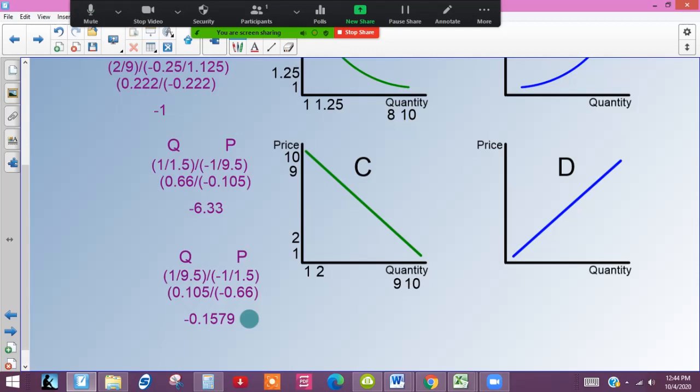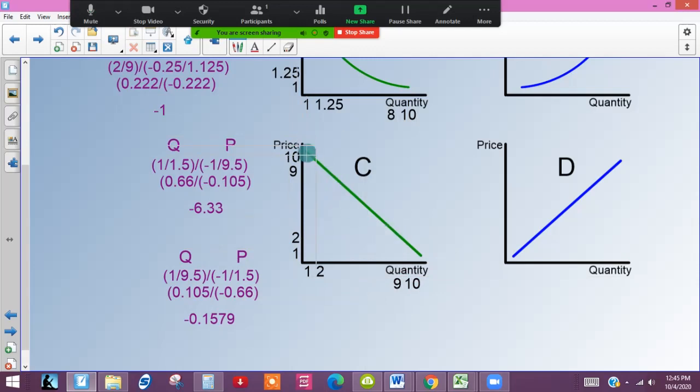So this is very, very, very inelastic down here, because you get such a large percentage change in price that has very little effect on the quantity demanded in terms of the percentage change. Okay, so that's what the math looks like on a linear demand curve.